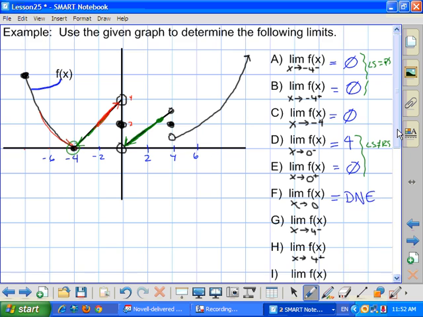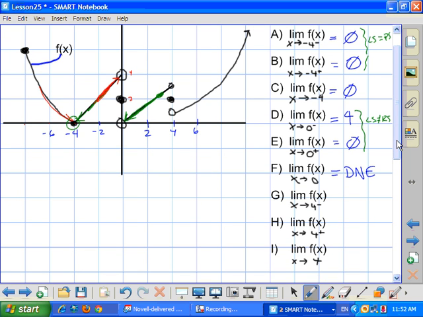All right, moving on. What happens when we approach 4 from the positive, or sorry, from the negative side? So 4 from the negative side. So now I get on the line, and now I head upward. Okay, and it looks like it's going to be a value of 3. If I approach it from the positive side, I'd be getting on this curve here and sliding down the curve.